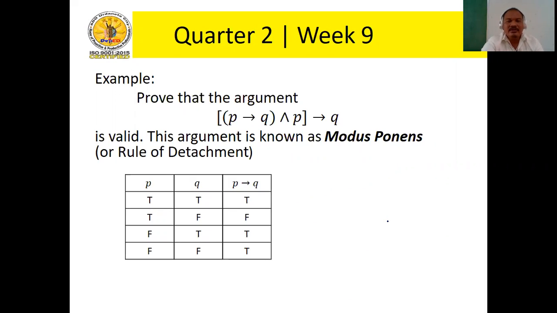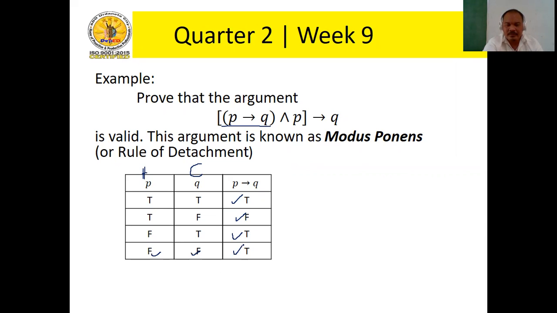Next, we establish P implies Q. This will be your hypothesis and this will be your conclusion. So true, true will become true. True, false: the conclusion is false, therefore this will become false. False, true: the conclusion is true, then this will become true. Both of them are false, then this will become true.